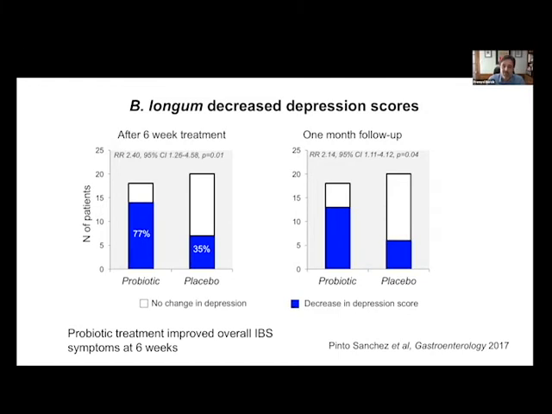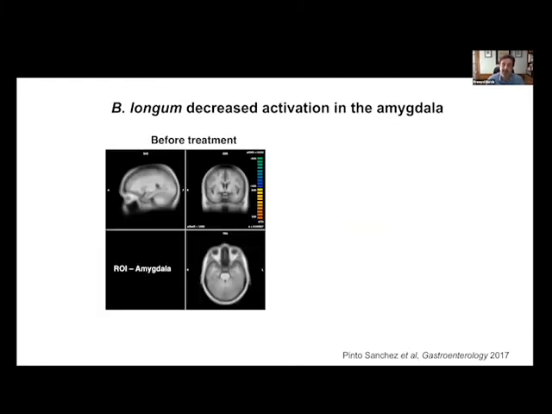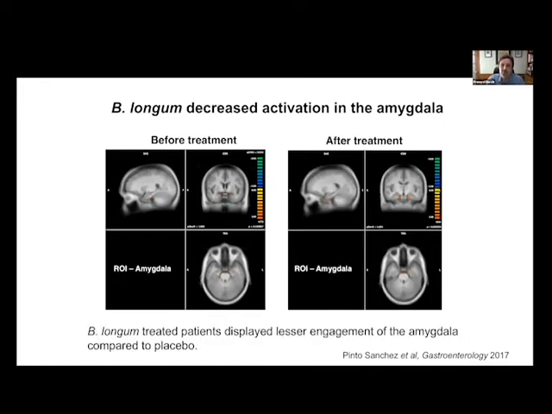This was associated with changes in overall IBS symptoms, and when looking at the brain, because we performed functional brain imaging, we could see that treatment with this probiotic decreased activation in the amygdala region, which was the primary region of interest, an area involved in controlling depression and anxiety.